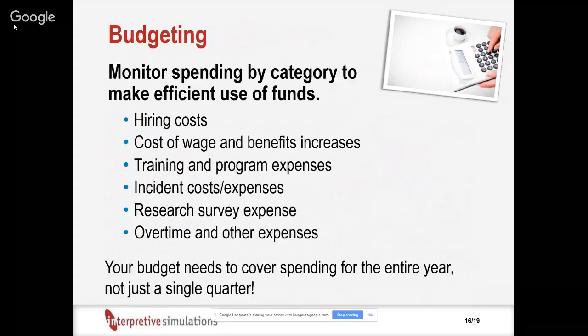So if your CEO gives you $1 million, that $1 million is for a year. Now, if you have 4 quarters in that year, you have to split that up to make sure that you are not spending $1 million in your first quarter. And then what's going to happen with your next quarters? You're going to be suffering.